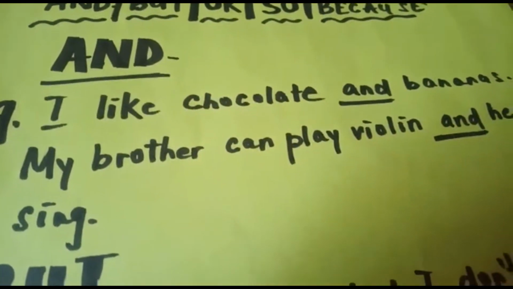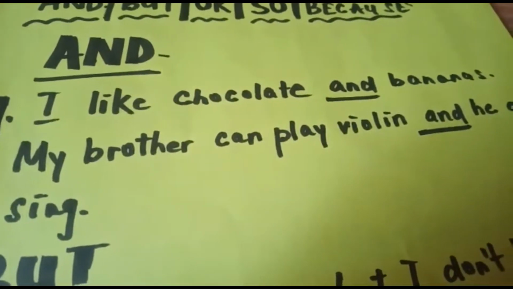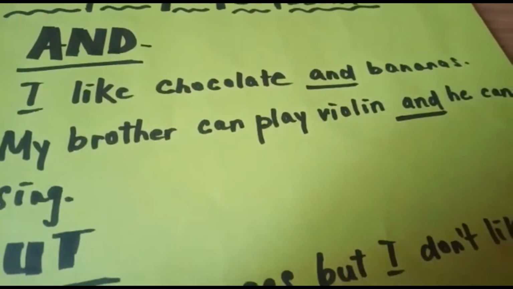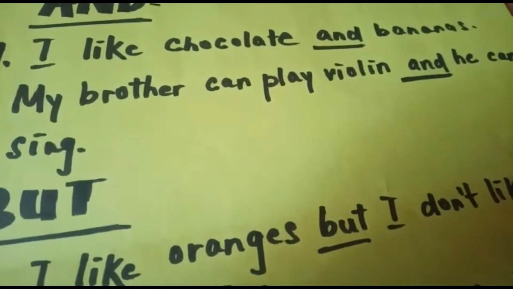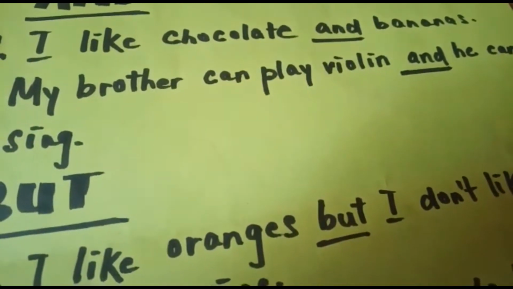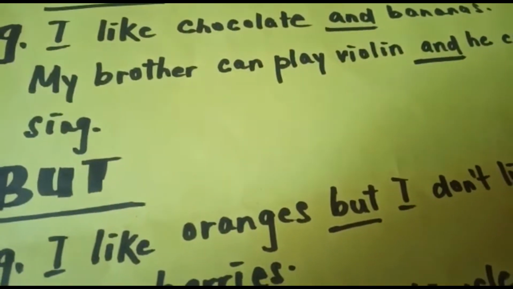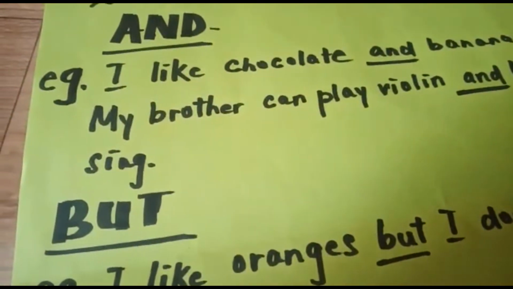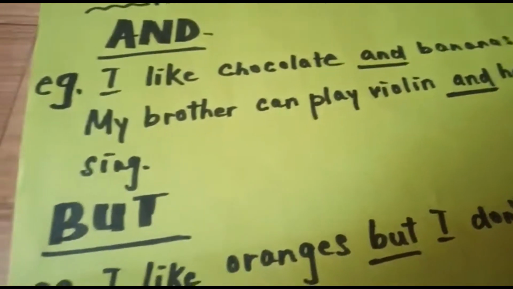Okay. See the next example. My brother can play violin and he can sing. So in this sentence, the word and is a conjunction and it has been used to connect two sentences. So and is used to connect words and sentences.